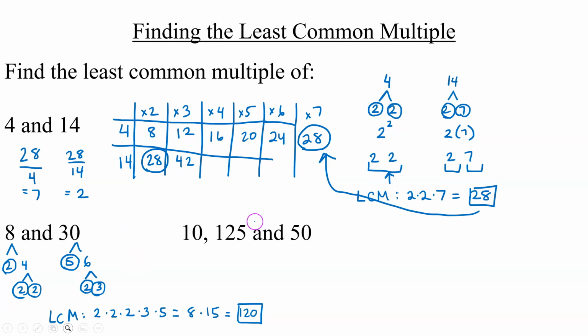Let's try one more example. We're comparing 10, 125, and 50. 10 factors into 2 times 5, and those are both prime. 125 factors into 5 and 25, with 5 being prime, but 25 can factor into 5 times 5. 50 factors into 5 times 10, 5 is prime, and then 10 factors into 2 times 5.